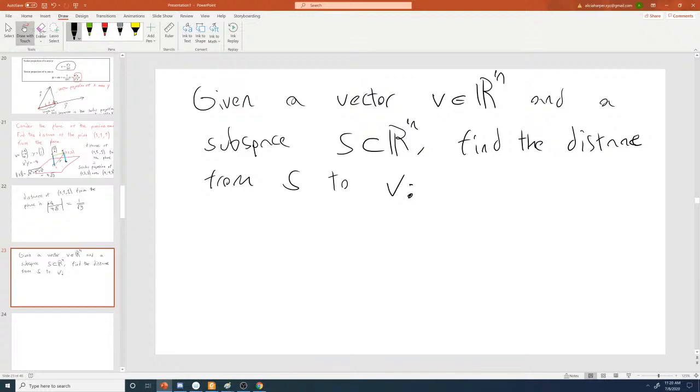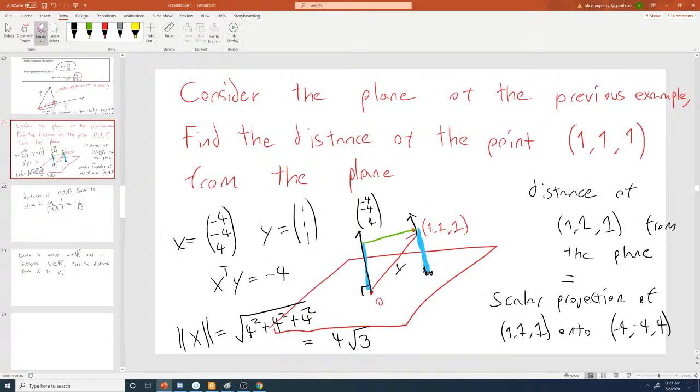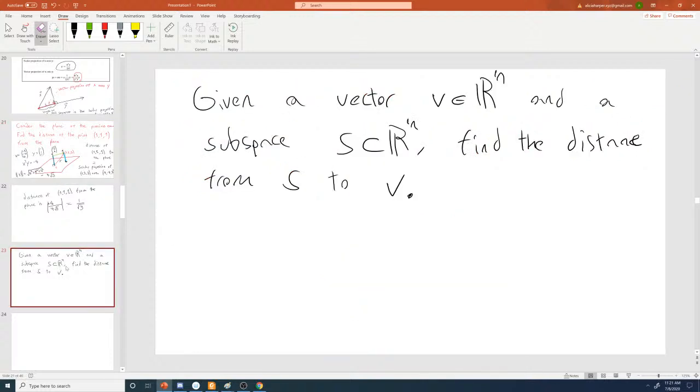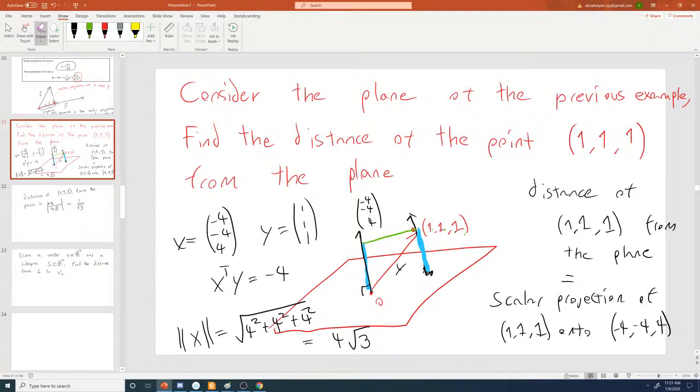And the way we're going to approach this is exactly the way we just did it in 3 dimensions. Now, the thing is, when we go up to higher dimensions, we don't have such pretty pictures anymore. We can't easily visualize n-dimensional space, but what we're going to learn is that the computations we have to do, like say finding the distance between a vector and a subspace, are exactly the same kind of computations we did in R3, and they'll be formally similar.